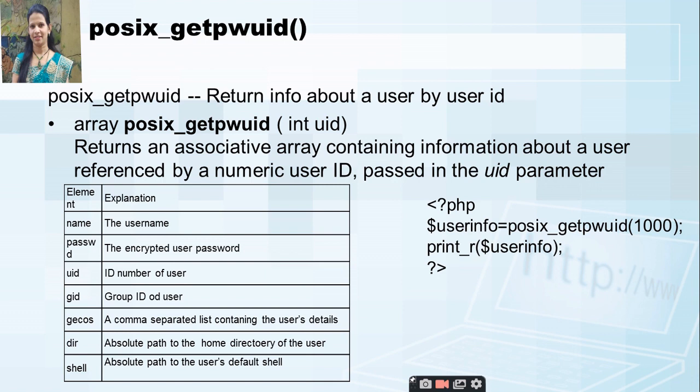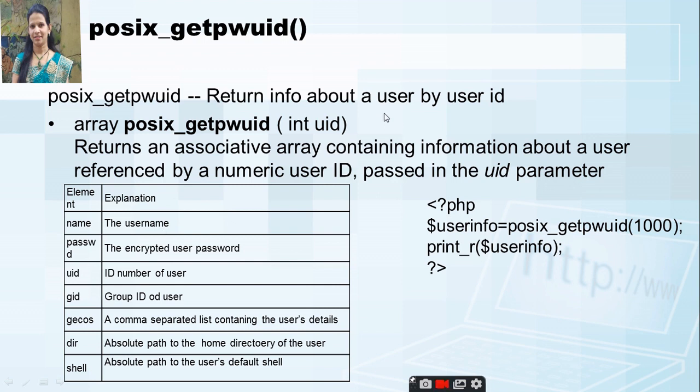When we want to get information of a user by the user ID number, we use the posix_getpwuid function, and the parameter is the UID. It returns an associative array containing the information about the user referenced by a numeric user ID.